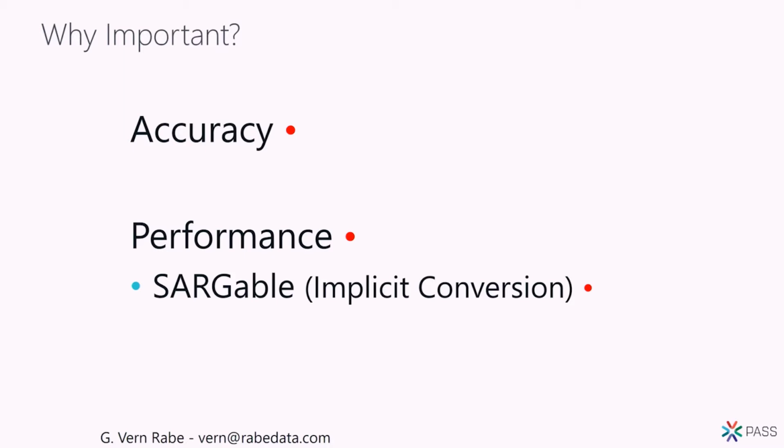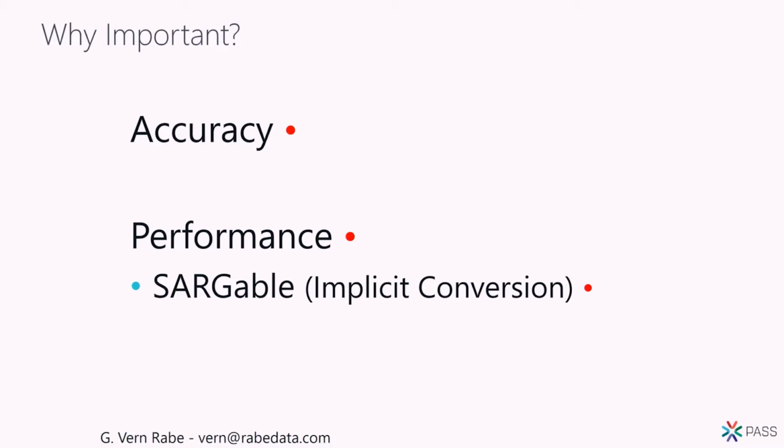The basics of sargability says statistics and indexes cannot typically be used unless a column in a predicate is by itself on one side of the comparison operator. Column equals 5. Any statistics on that column can be used, and any index on that column can be used. The optimizer may not, but it's open to be used. So it's really important in any query that you write that you try and get columns by themselves on one side of the comparison operator.